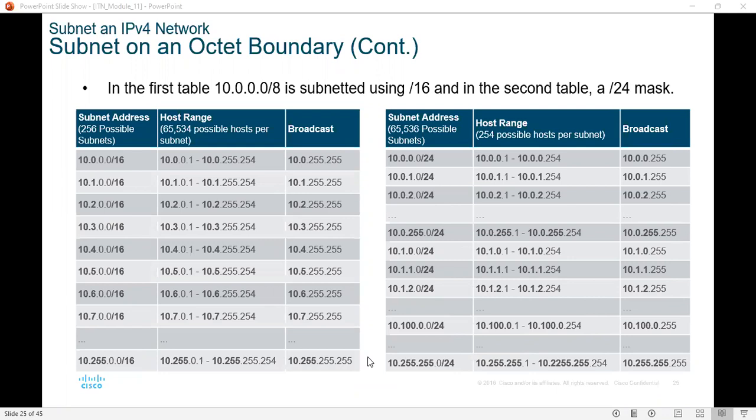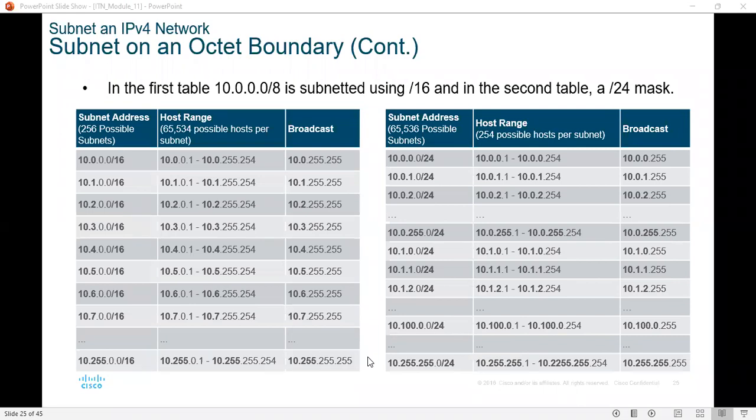I don't have a calculator yet, and I want you guys to do it. 65534. Yes, great, thanks so much. So we use that to get the number of hosts.